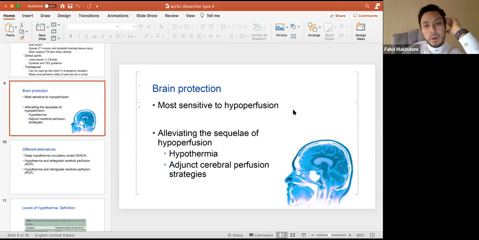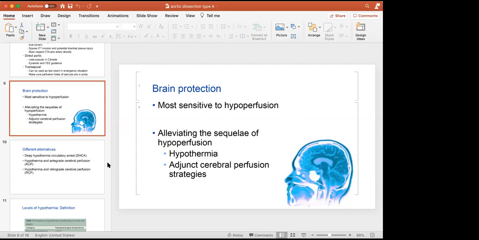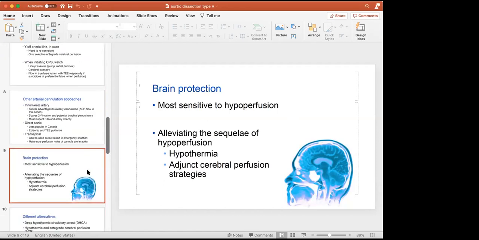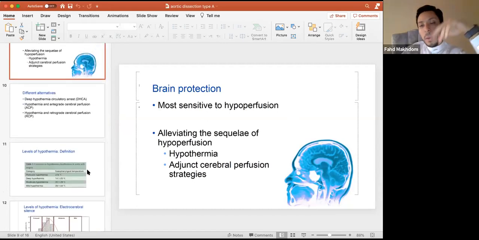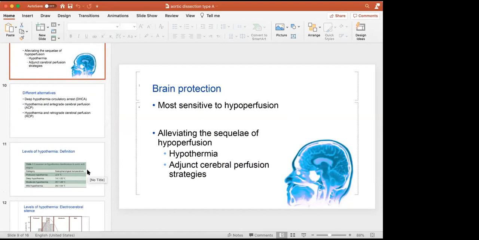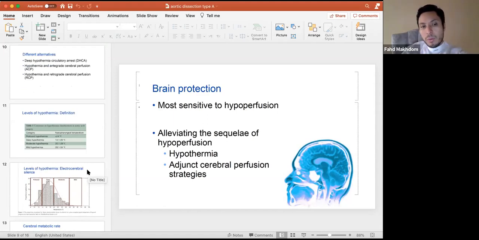Okay, so you clamp the innominate. The blood will come back from the venous system, the IVCs, you see. No, you clamp the innominate, صح? Yeah, I clamp the innominate. Okay, you clamp the innominate, you perfuse 10 ml per kg.